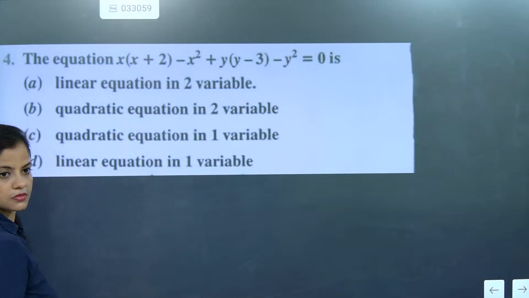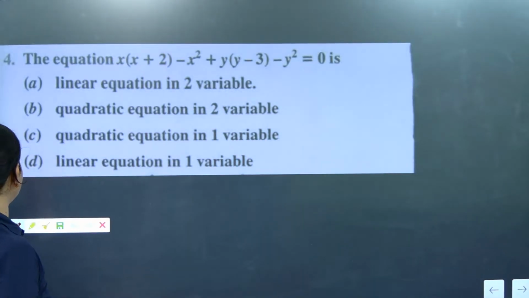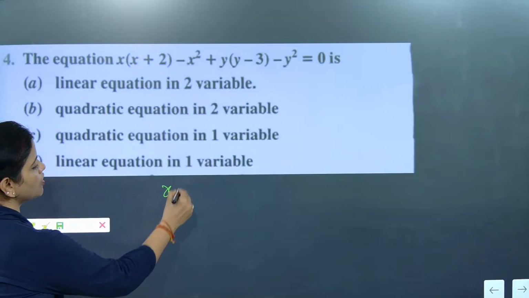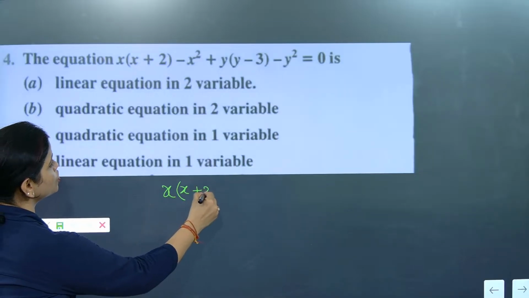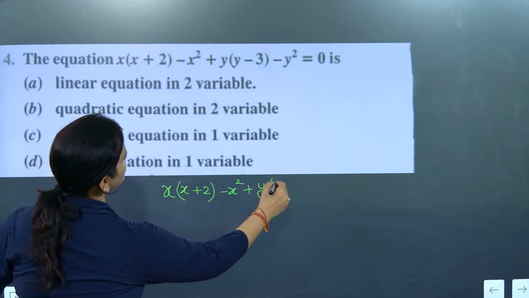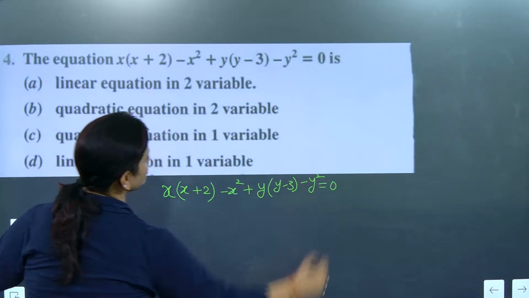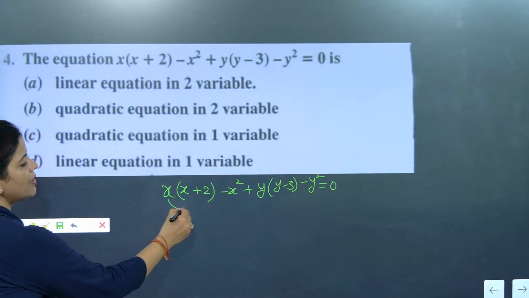Two variables. Linear equation in two variables. After solving, we will say whether it gets cancelled, meaning it is a linear equation, or something else. How will we come to know? So first we will solve: x plus 2 minus x square plus y minus 3 minus y square equal to 0. x will multiply with x.